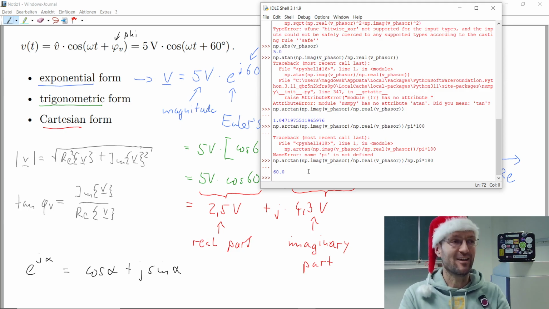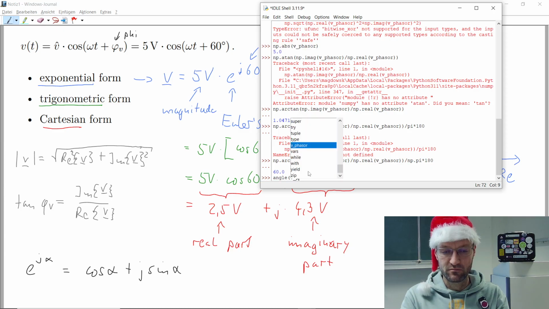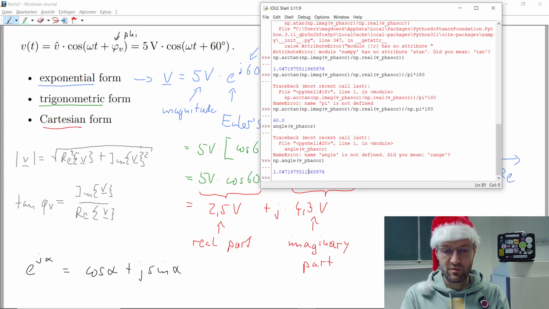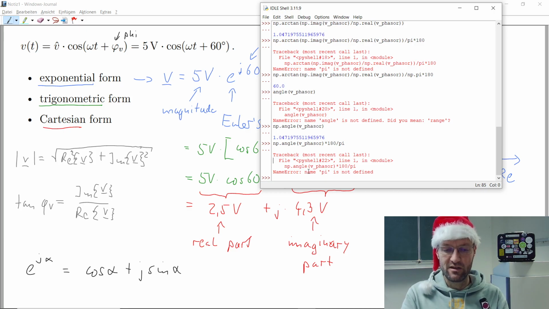There should also be an easier way, and the easier way is to take the angle of our complex voltage phasor. Angle is also not defined because I need to add np.angle, and there's the angle. Then if we take the angle, multiply with 180, divide by pi, we also get it in degrees, if you don't forget about the np.pi.